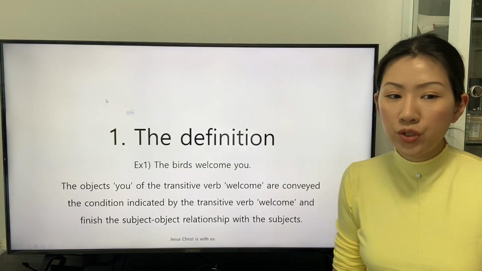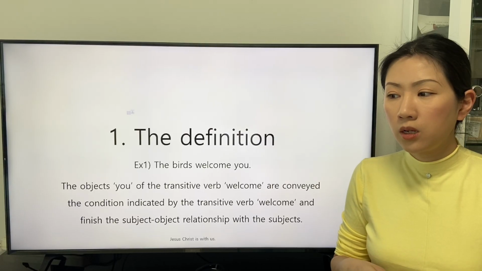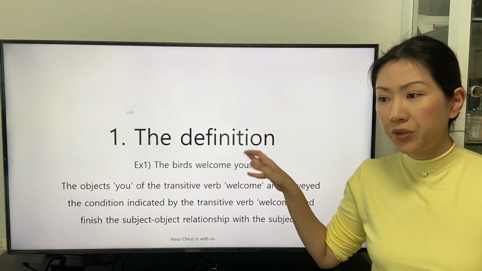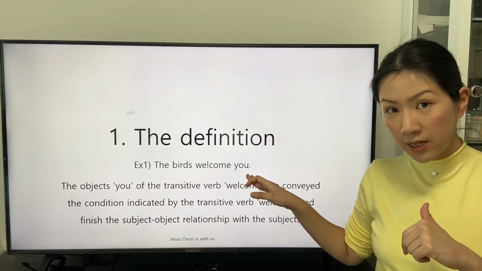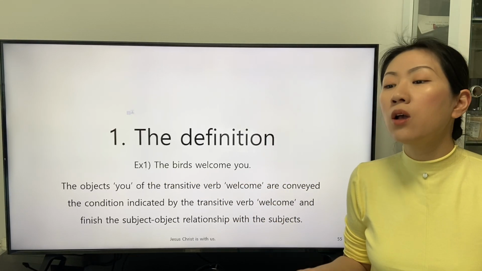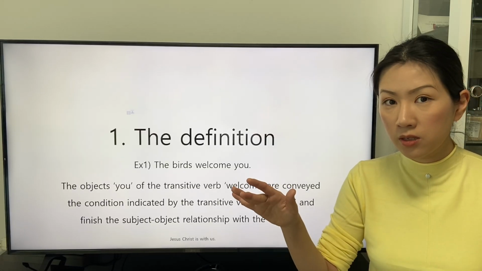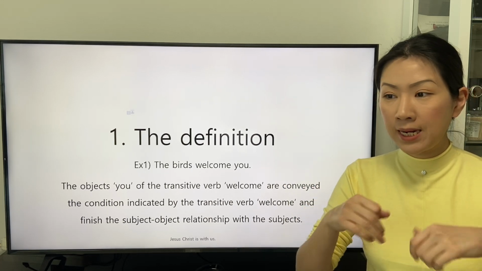The object you completes the subject-object relationship so that the subject and object can return to the original state before the subject-object relationship initiates.